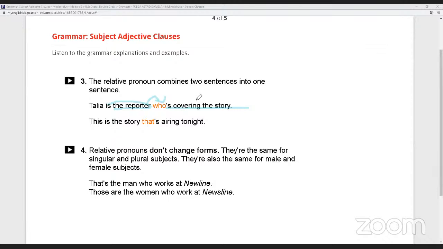In the adjective clause, we're going to find more information about the subject. In this case, it's the reporter. Okay, so in this case, I'm talking about a thing. So I have to use which or that. This is the story, which, or maybe that. The relative pronoun is working on the story, right?